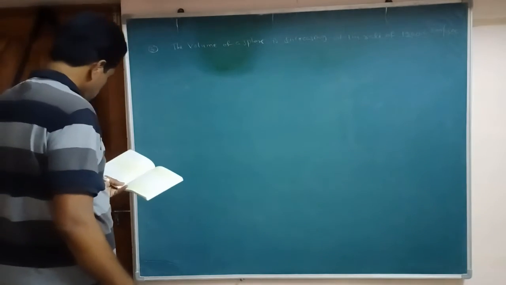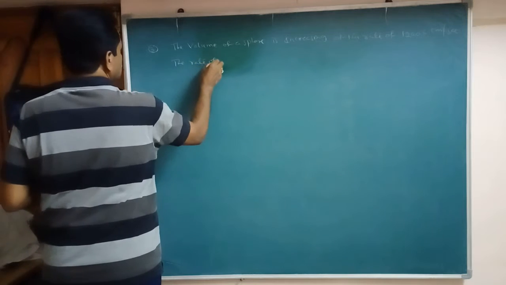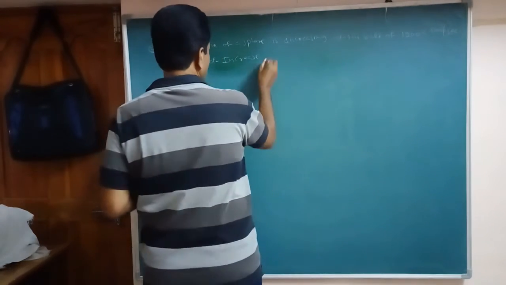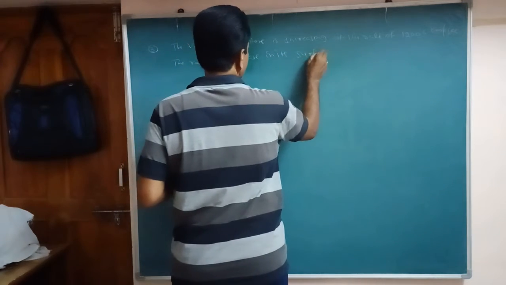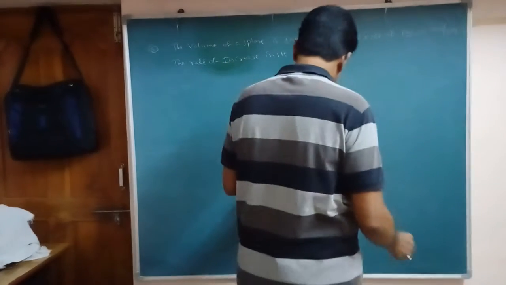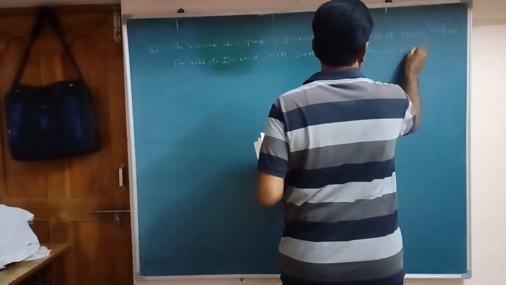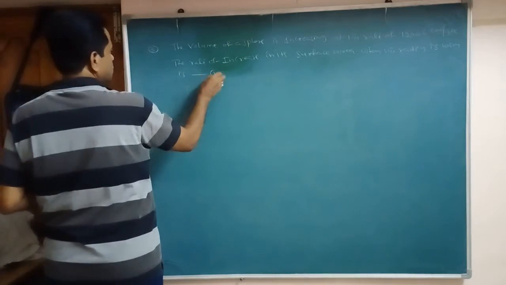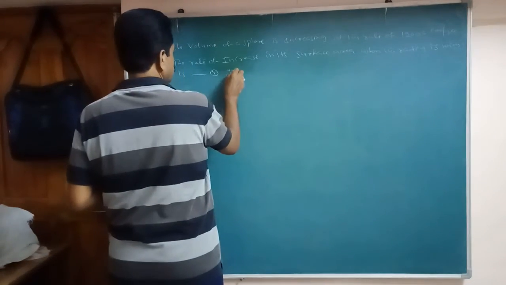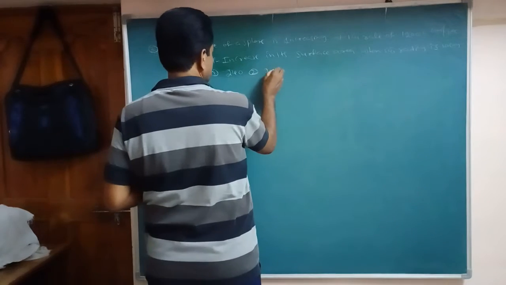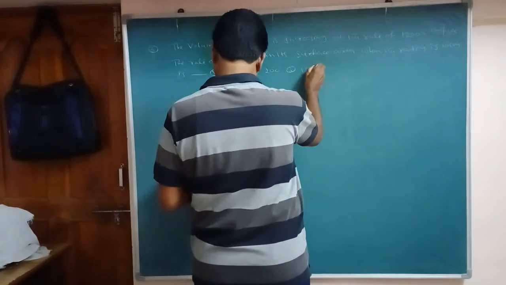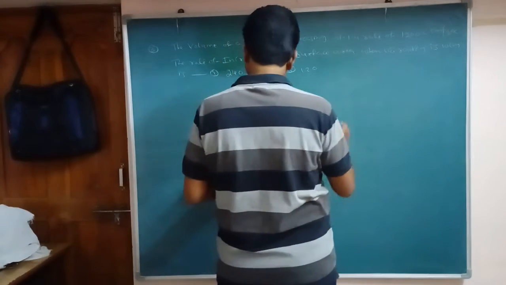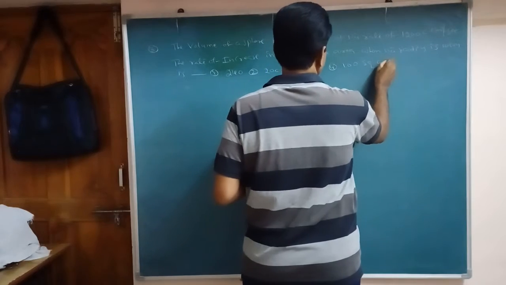The rate of increase in its surface area when the radius is 10 centimeters is: first one 240 square centimeters per second, second 200 square centimeters per second, third 120 square centimeters per second, and fourth one 100 square centimeters per second.